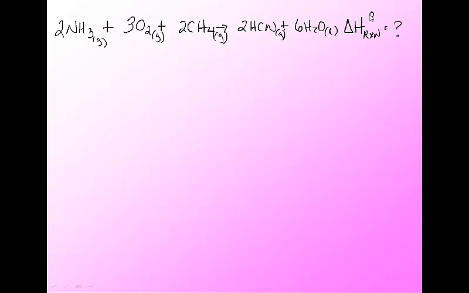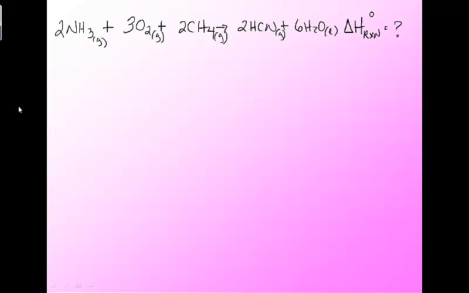Alright, a couple of things I want you to write down and to realize. I am going to calculate the enthalpy change of the chemical reaction based on the heat of formation of each substance in the reaction.